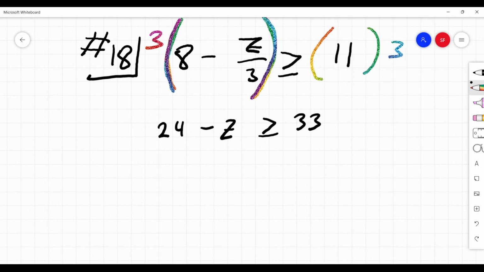And then you have to multiply it times 11. Right? I did that. So what now? Add 24 to both sides. What's 24 plus 24? 48. That's not 0. We got to make it go away. What would we do instead of adding 24? Subtract it. There you go.